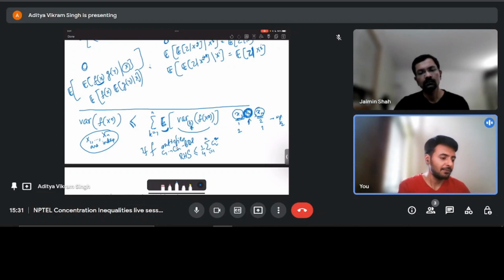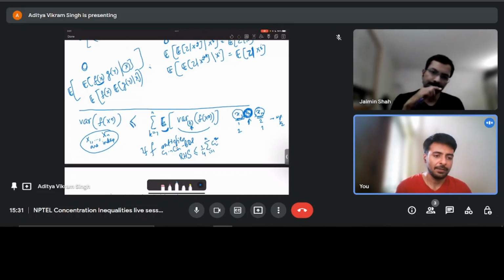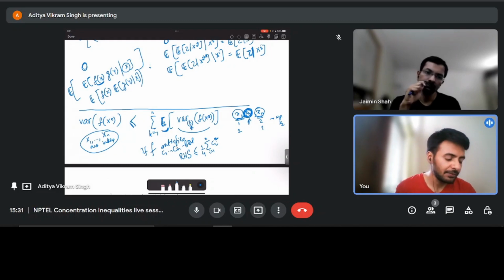For that case, things become very simple, since it can vary only by one. That is where Efron-Stein is used: if you fix everything else and just change one, things suddenly become very easy. You can compute the variance of that, and Efron-Stein relates it to the variance of the total function.